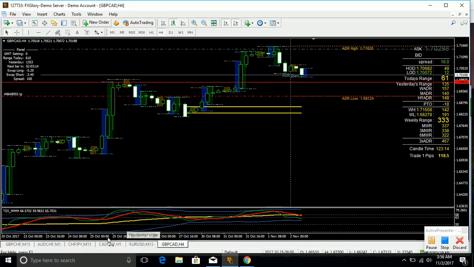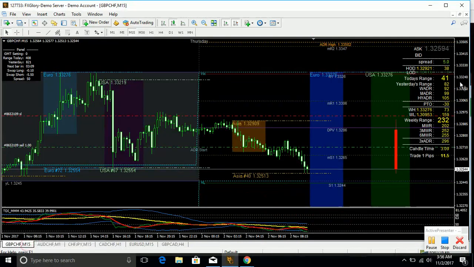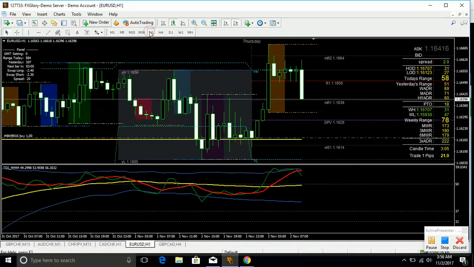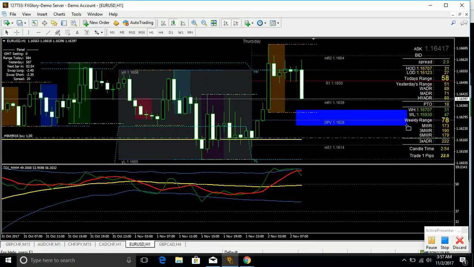Here's our Pound CAD, looks good. Aussie CHF looking good. Pound CHF is still looking pretty good. But as far as this Euro USD, let's see if I can find a take profit. You're gonna want to at least be out right in here. Price should turn around right in this area.